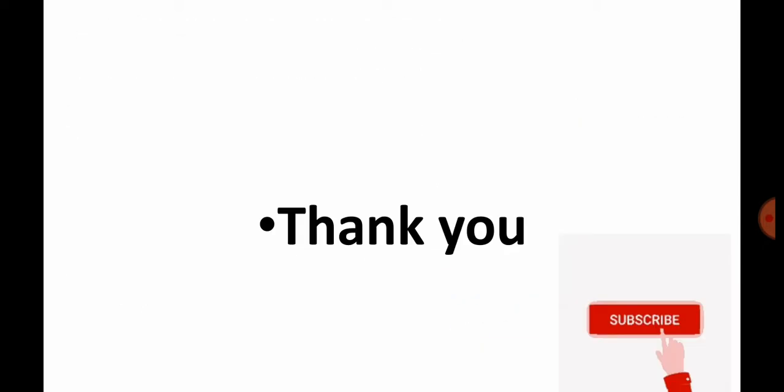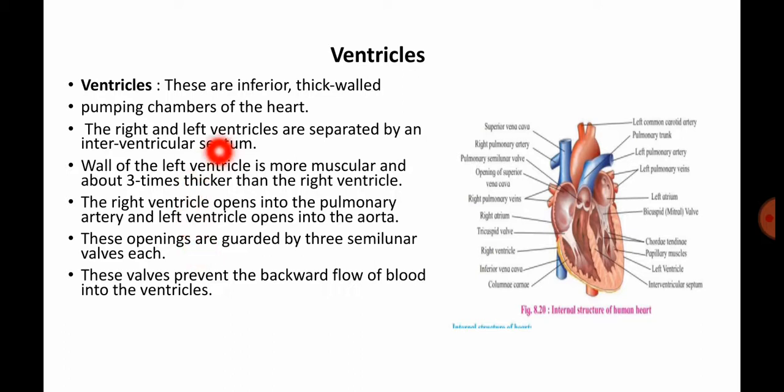You can see here the ventricles, which are the inferior thick-walled pumping chambers of the heart. As I said, the right and left ventricles are separated by the interventricular septum, and the right ventricle opens into the pulmonary artery and the left ventricle opens into the aorta.